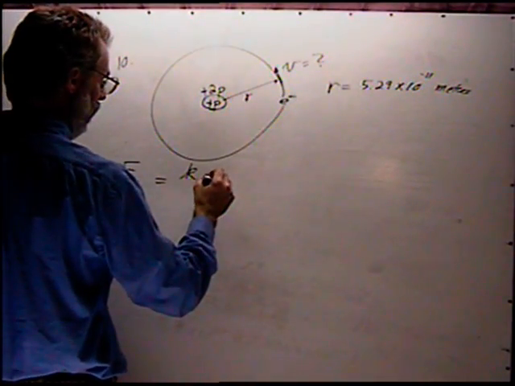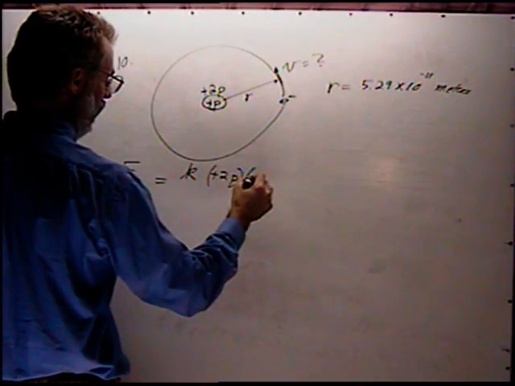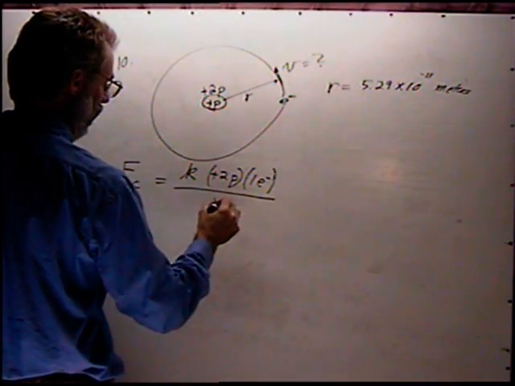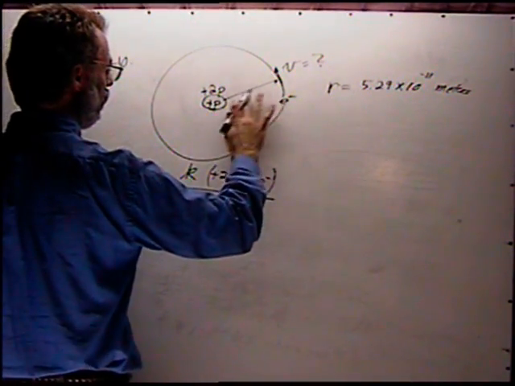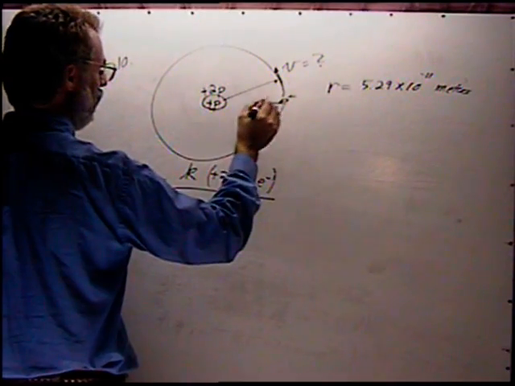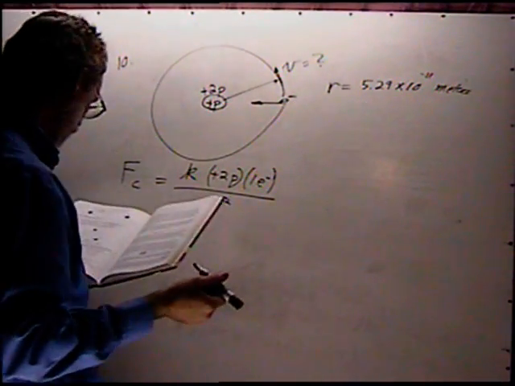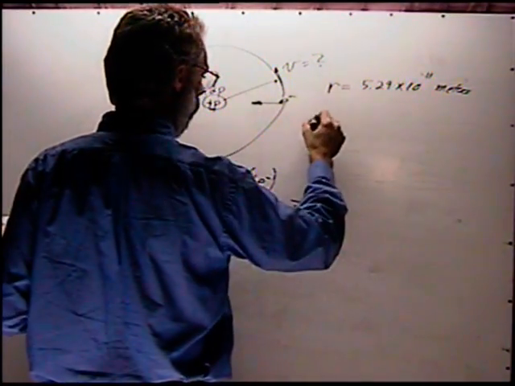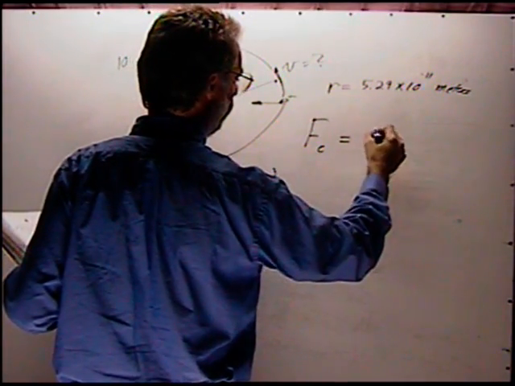So we have plus 2 protons, I'm just going to write it that way, and 1 electron, I'm just going to simply write it that way, divided by r squared. Now there's a Coulomb force from here, pulling the electron in to the center. This thing is spinning around, so the Coulomb force provides the centripetal force.